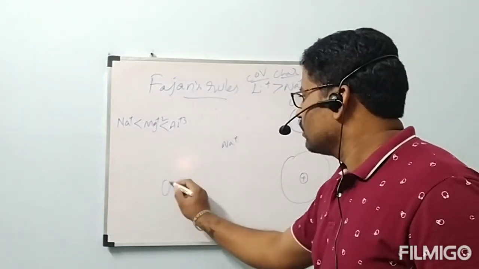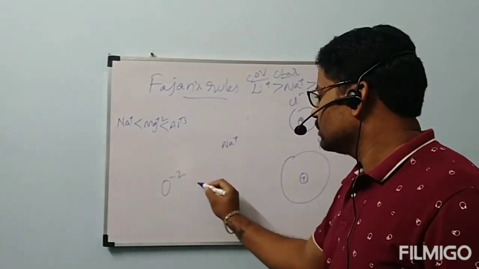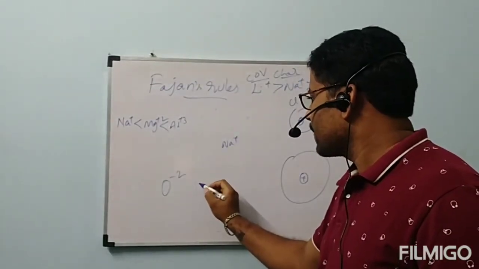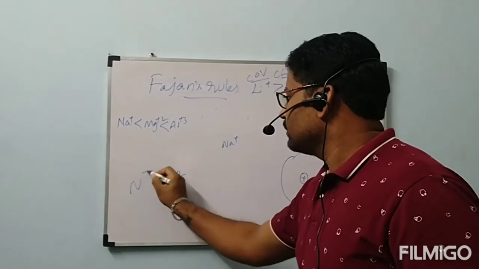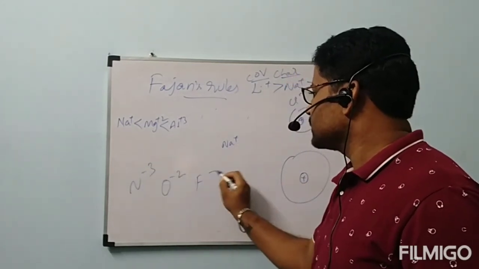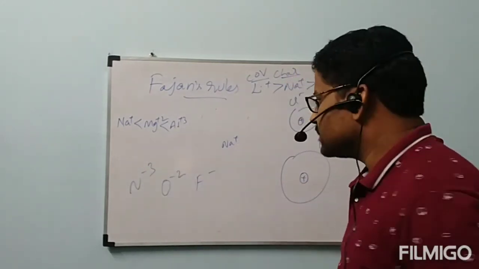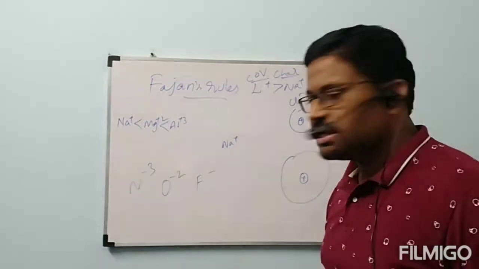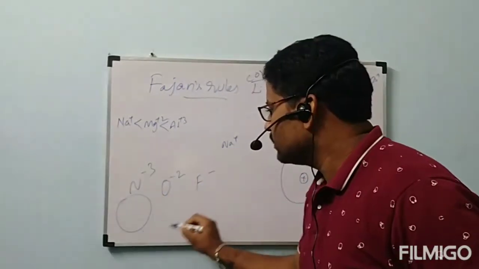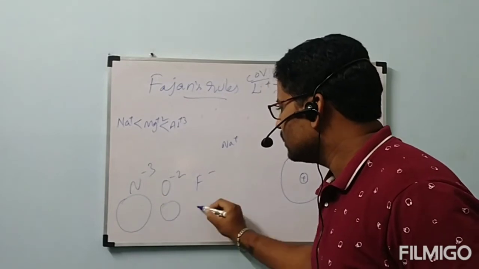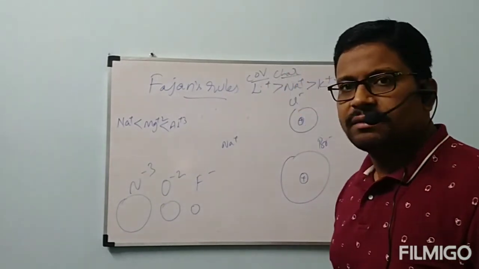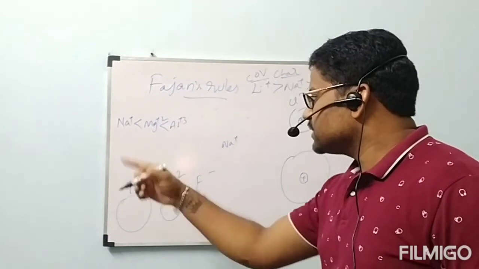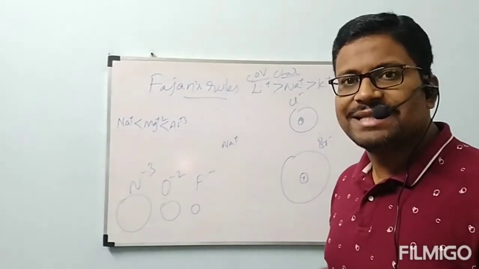Next, N3-, O2-, F-. N3- is very much bigger, no? O2- is a little bit smaller, F- is very small, because when the charge present on anion increases, their size also increases.